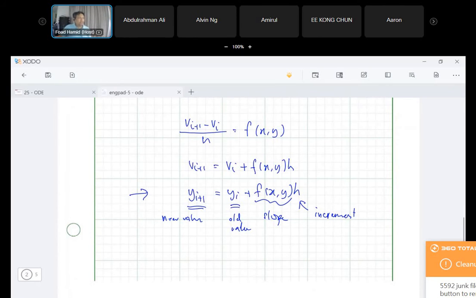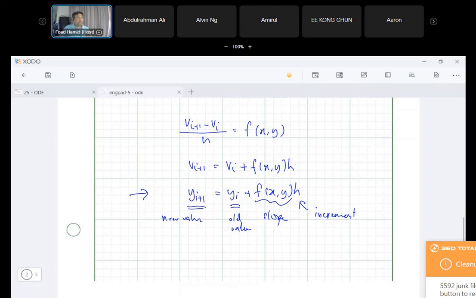So now we know this is the function, and this is the approximation. The next step in the numerical method is how do we improve our approximation, how do we make it have less error.